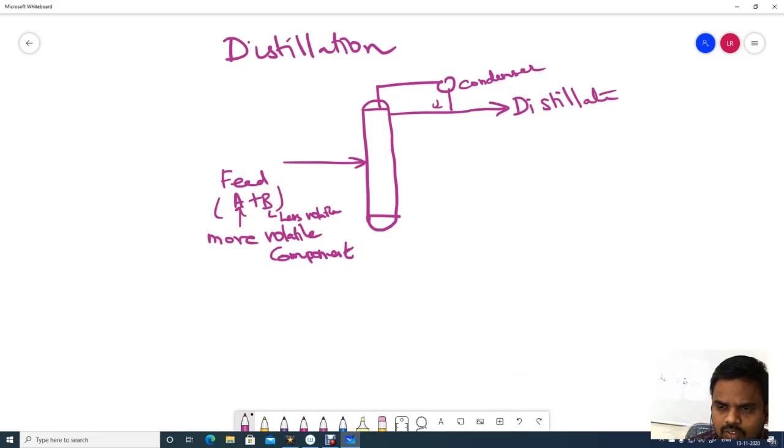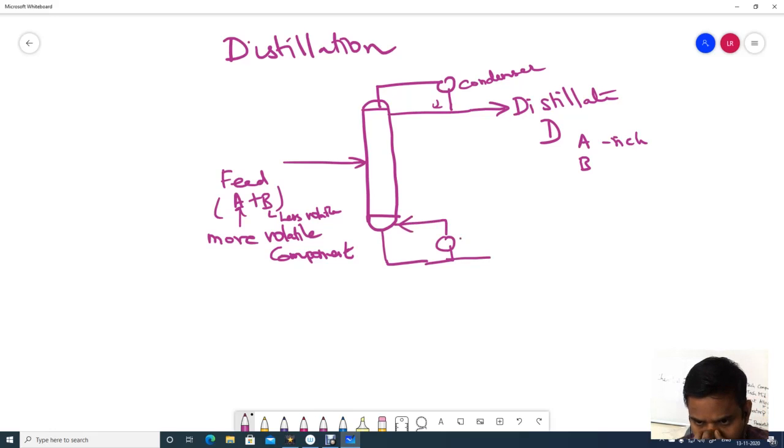The distillate is D, which will contain both A and B, and it is an A-rich phase. In the bottom we will have a reboiler, where a stream is recycled, so it is called a reboiler. We will collect a bottom product called residue.